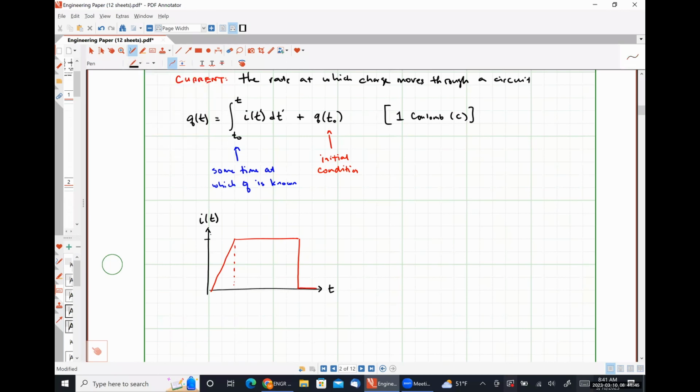Let's call this 8 amps. Let's call this 2 seconds. And 7 seconds.